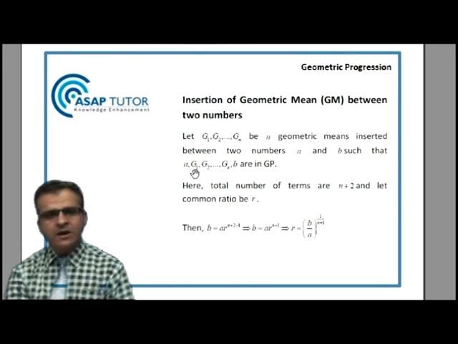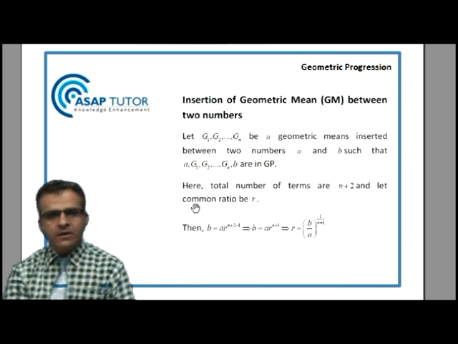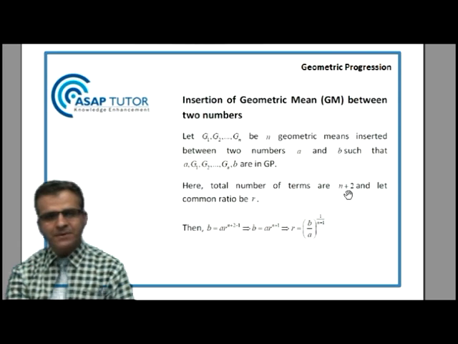Then only we say that G1, G2, G3 and so on up to Gn are the n geometric means of the two numbers a and b. Here we already have two numbers a and b, then we inserted n geometric means, so therefore the total number of terms in this GP will be n plus 2.